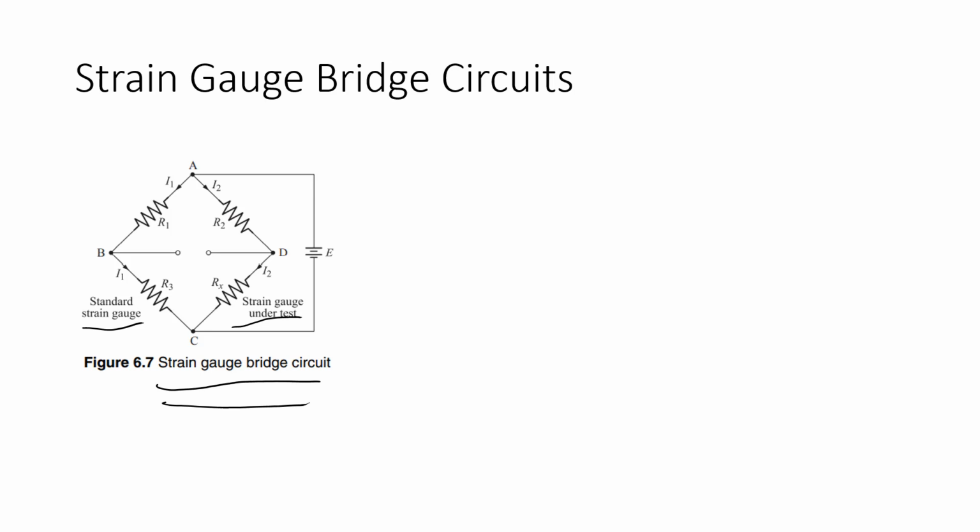We can see that if the bridge is balanced, I1 is equal to E per R1 plus R3, and also I2 is equal to E per R2 plus Rx. Okay, because the Rx is connected to the parameter, the Rx will change if we have the delta Rx.